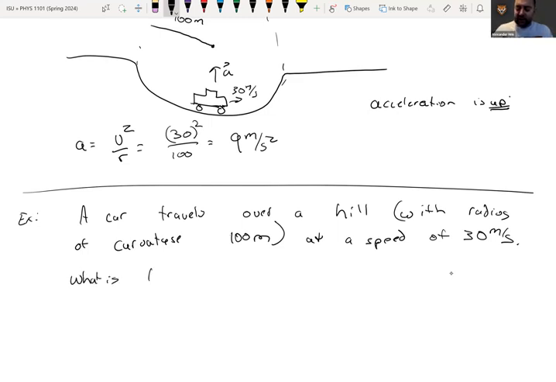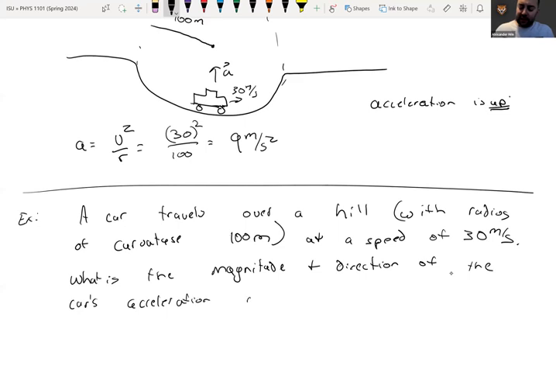What is the magnitude and direction of the car's acceleration at the top of the hill?